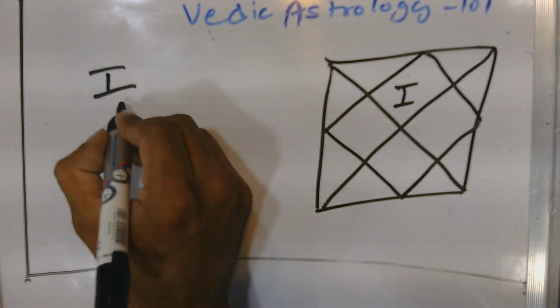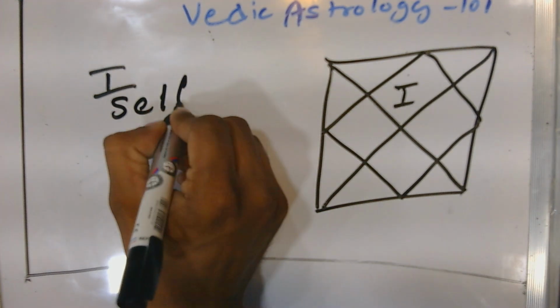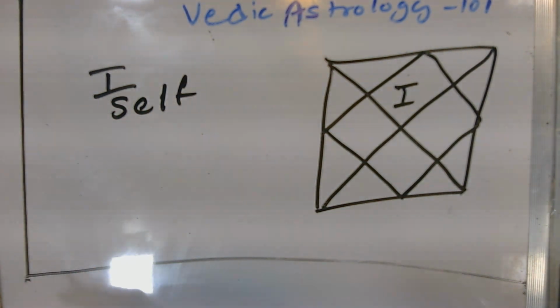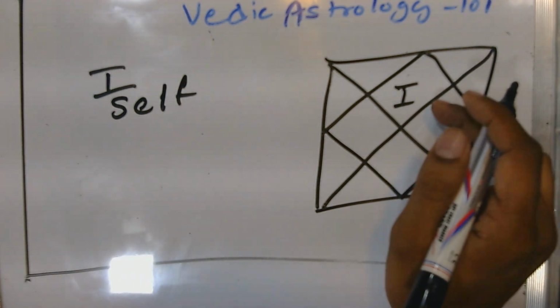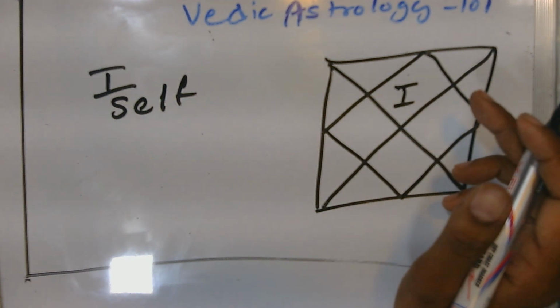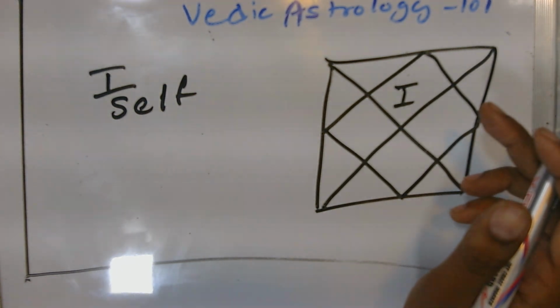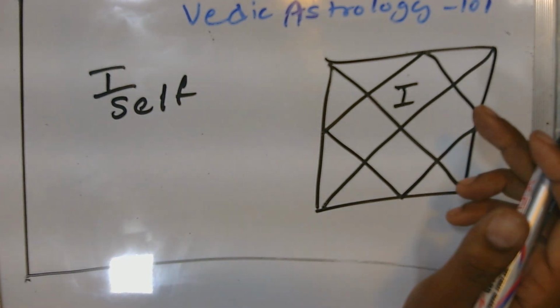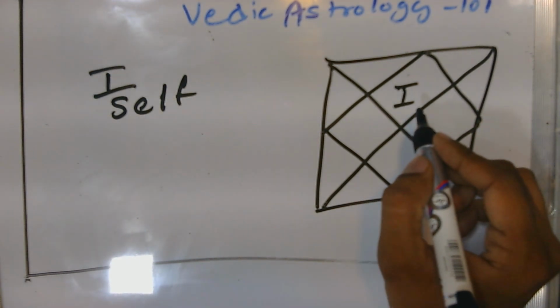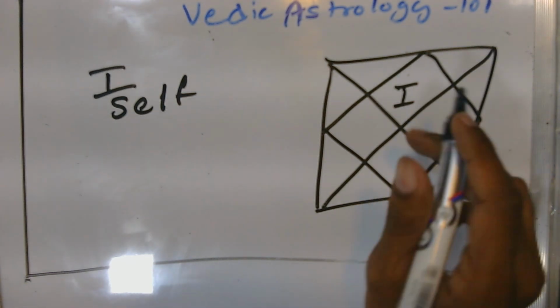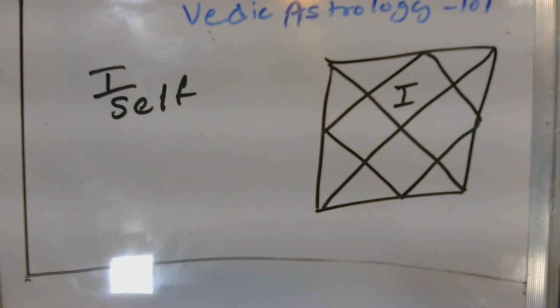The first house tells us about self. If you are reading your horoscope, it will tell you about yourself. Or if you are reading someone else's horoscope, it will tell you about the person whose horoscope it is, about his self or herself. So the first house will give you information about the person whose kundli it is.